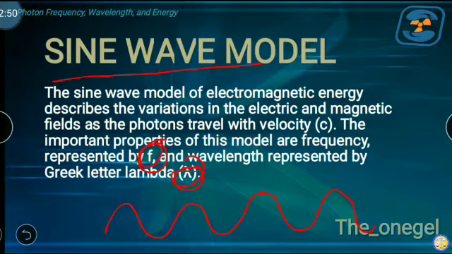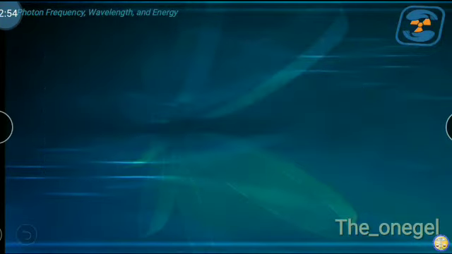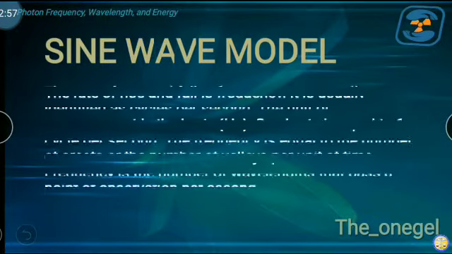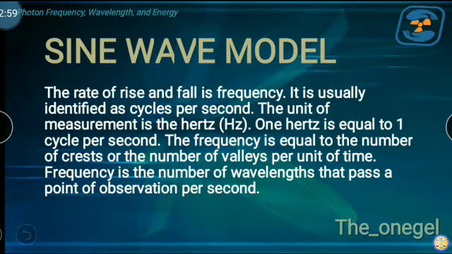So let us discuss ano nga ba yung frequency. When we say frequency, this is the rate of rise and fall of a wave. So rise and fall. How many times nag-rise and nag-fall? So that is a measure of frequency.